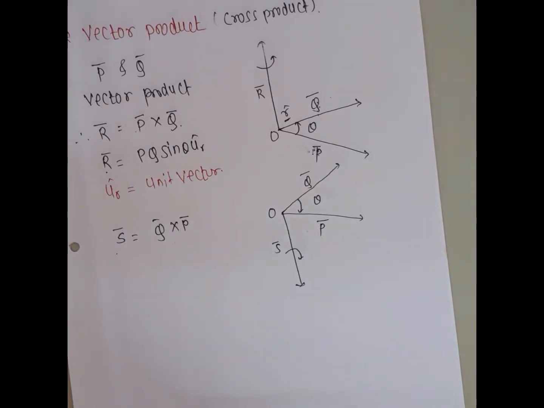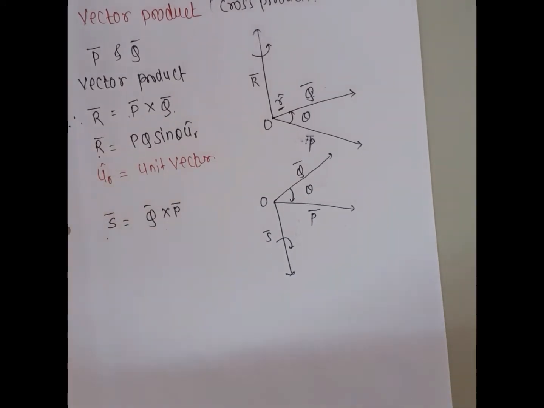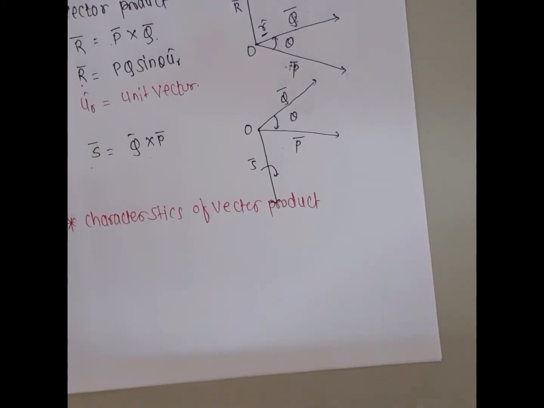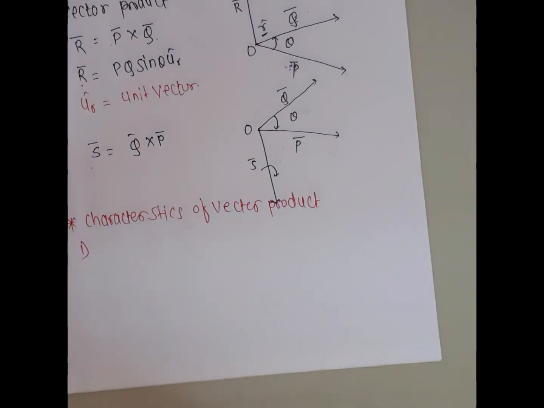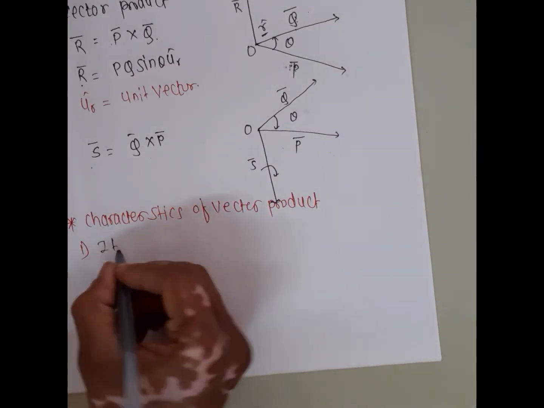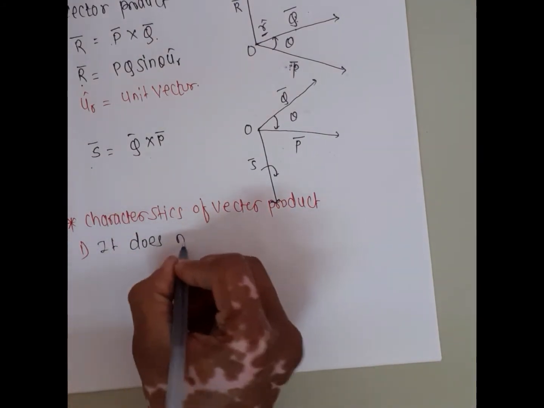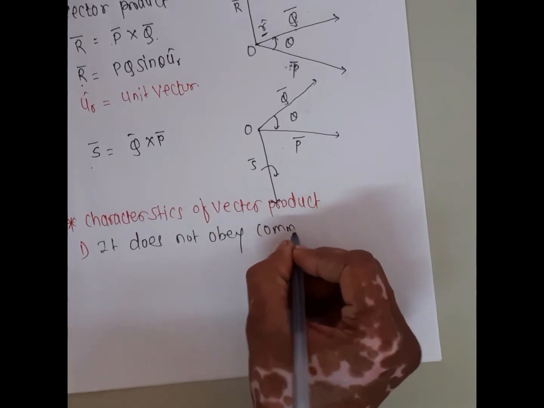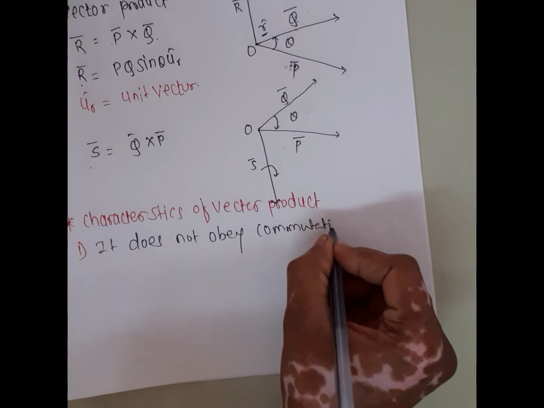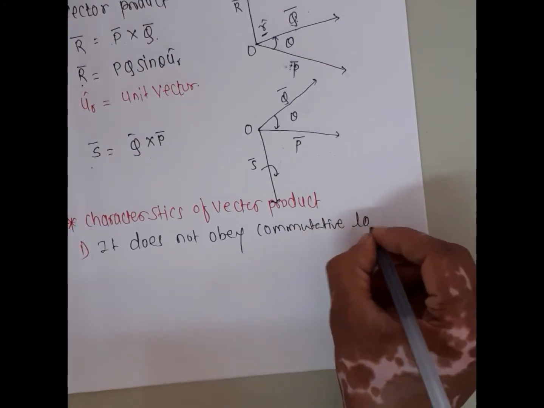There are some characteristics of vector product. The first characteristic is that the vector product does not obey the commutative law of multiplication.